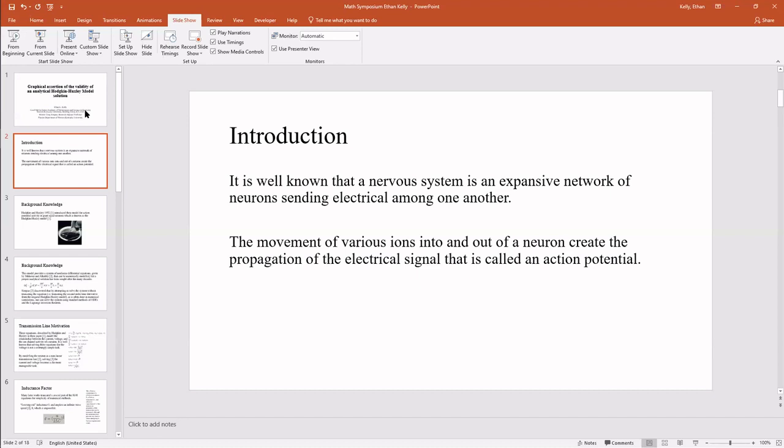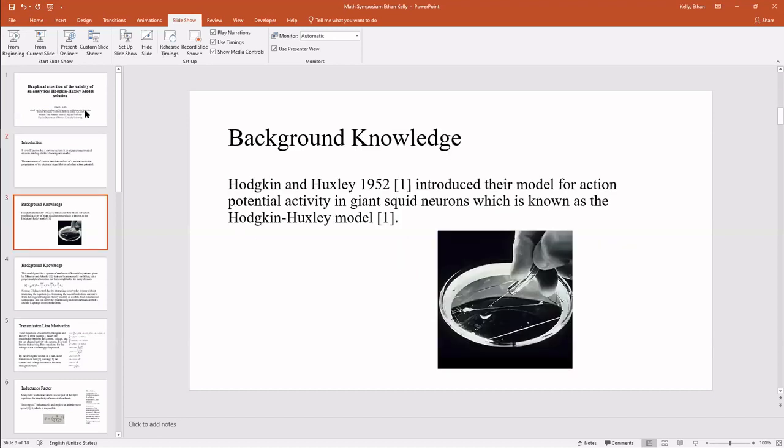Ions such as sodium and potassium are the main ones. And in 1952, Hodgkin and Huxley introduced their model for action potential using giant squid neurons. They specifically used giant squid neurons as they were quite large, and it's easy to probe them to get some data from them, which is very important for creating a model. Their model, which is a set of differential equations, is aptly named the Hodgkin-Huxley model.